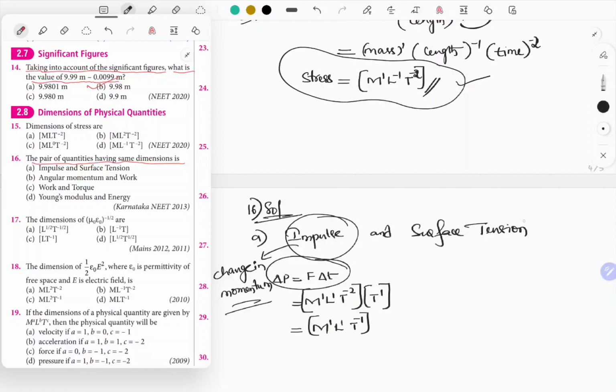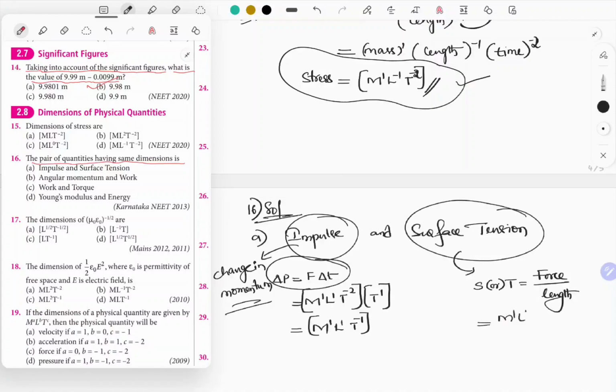Let me check it out for surface tension. Whenever you observe the terminology called tension, most of the students used to answer that it is a tension, so it is like a force. No, it is not like that. The surface tension formula, represented with S or T, is equal to force per length. This is the formula for surface tension. Okay, let me get into it.